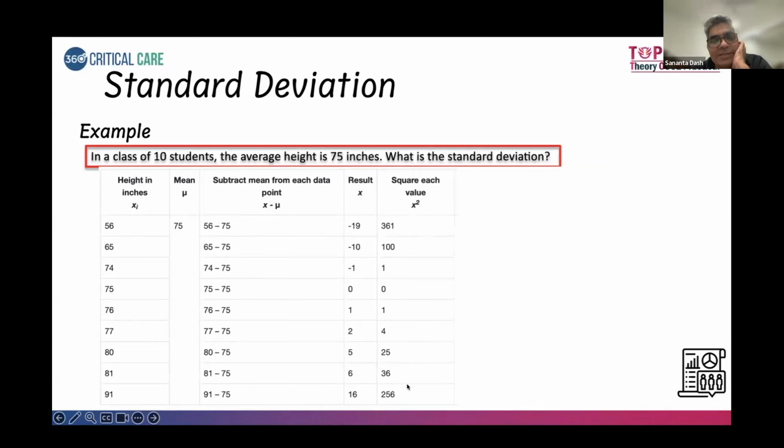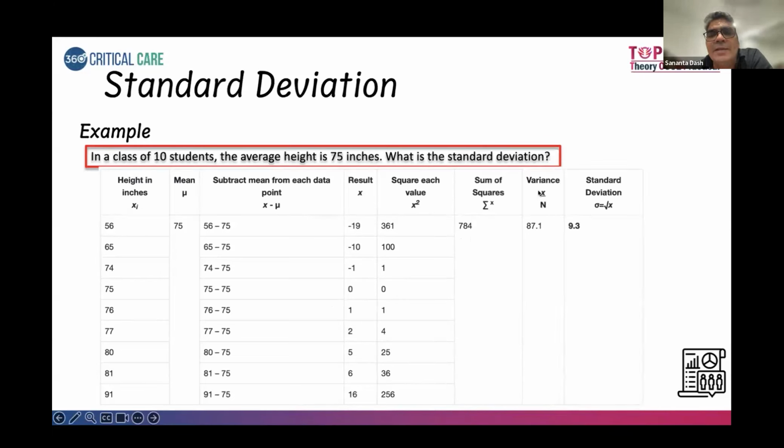Then you square these results to make them positive numbers. The summation came as 784. Finally, dividing by n comes as 87.1, and the square root of that is 9.3. In this case, the standard deviation is calculated to be 9.3.